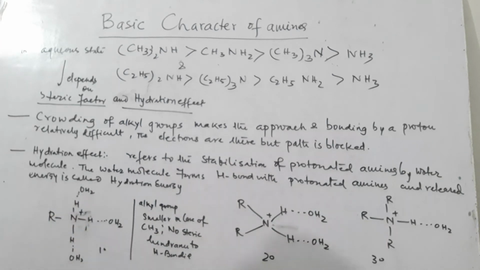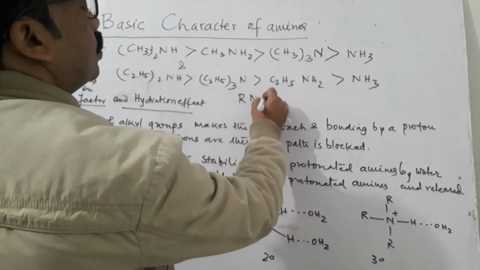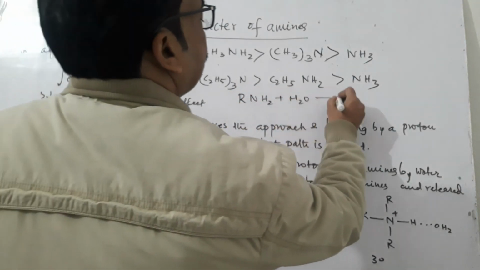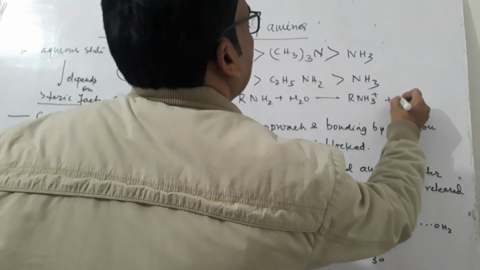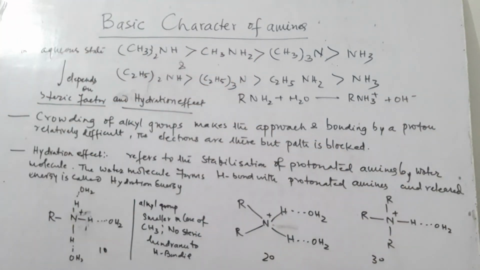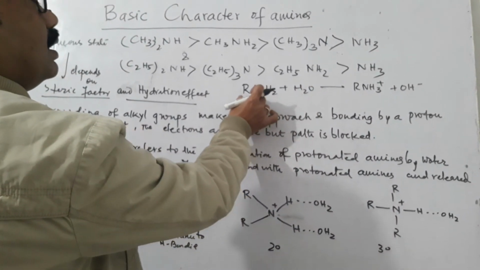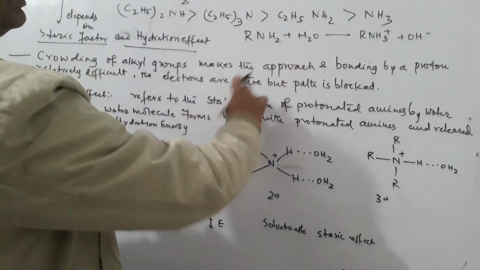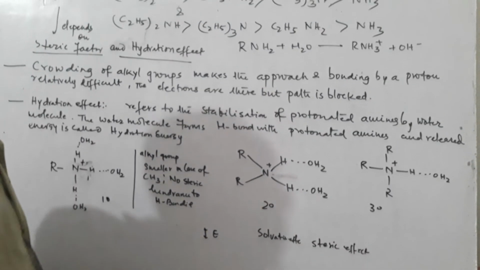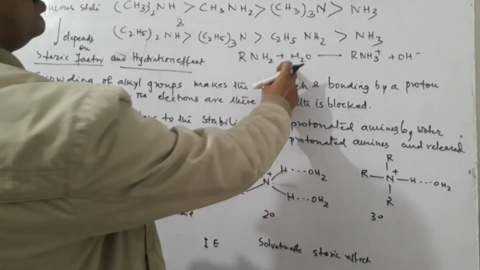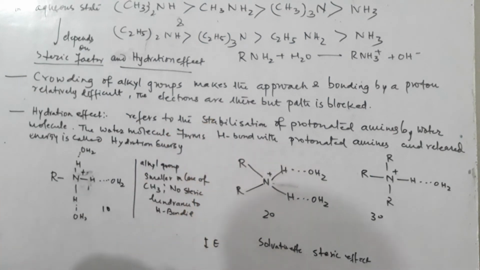Hydration effect refers to the stabilization of the protonated amine by water molecules. The water molecules form hydrogen bonds with the protonated amine, and the energy released is called hydration energy. Now see in the case of a 1 degree amine, RNH2 plus H2O forms RNH3 plus and OH minus ion. Amines are stronger bases than water, so it will accept the H plus ion of water and form RNH3 plus, the protonated 1 degree amine.